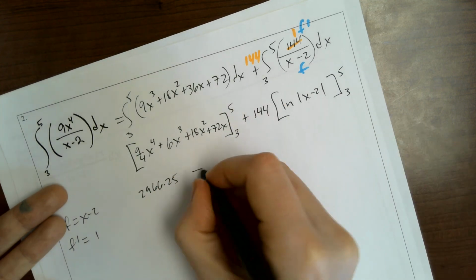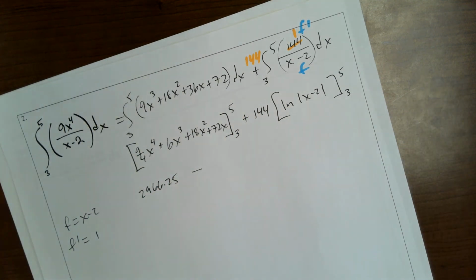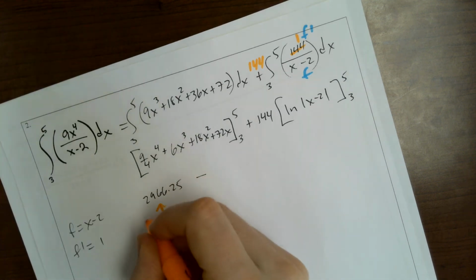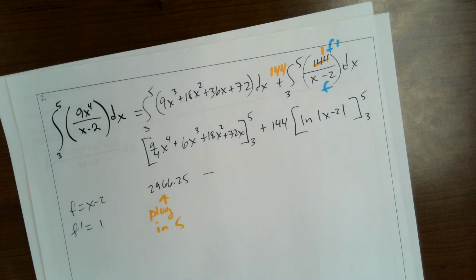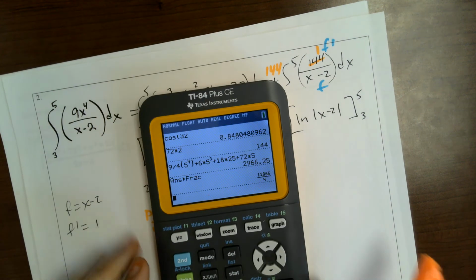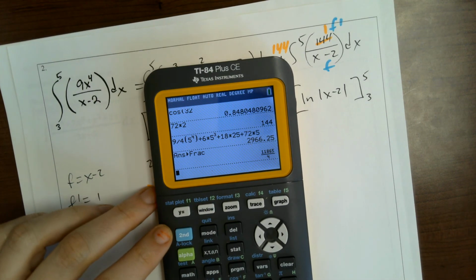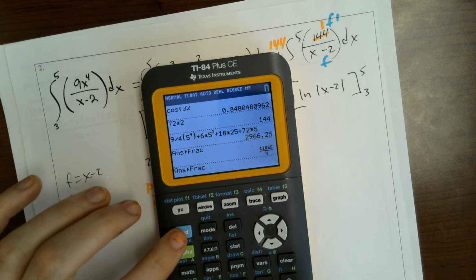So here I plugged in 5. Now minus, I'm going to plug in 3.